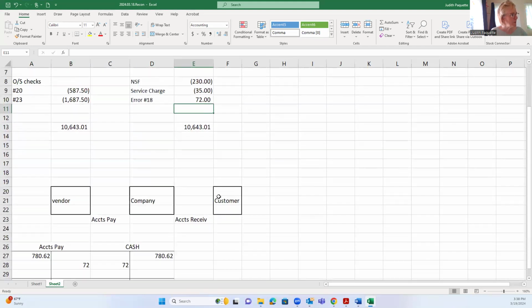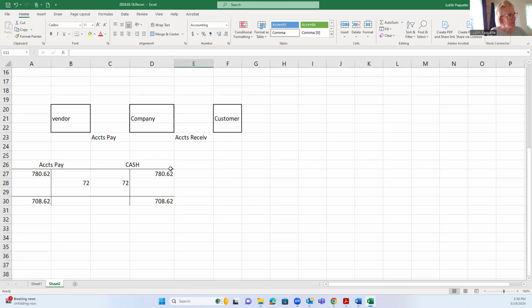So let's review that one more time. The company wrote the check correctly at 708, but when they posted it to the T account, they posted it as 780. So in order to fix that, they have to debit, and it would have been a credit because you debit accounts payable, credit cash when you pay bills. So in order to fix it, they have to increase cash, which we do with a debit.